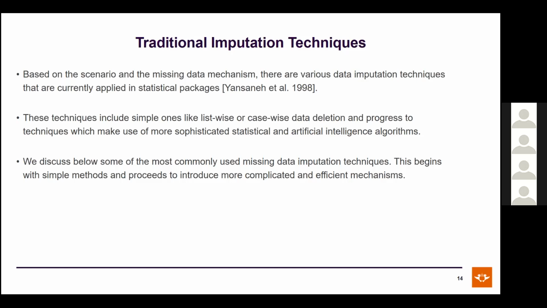So having spoken about those, let's look at some traditional imputation techniques. Based on the scenario of the missing data, the mechanism and the missing data pattern, there are various data imputation techniques that currently exist in the literature.